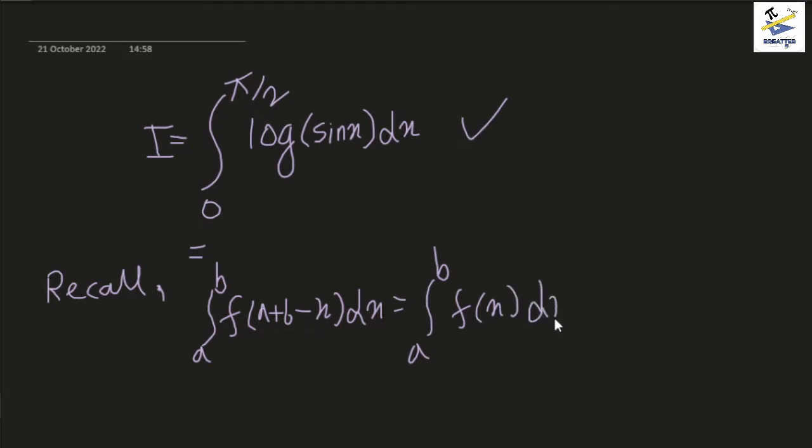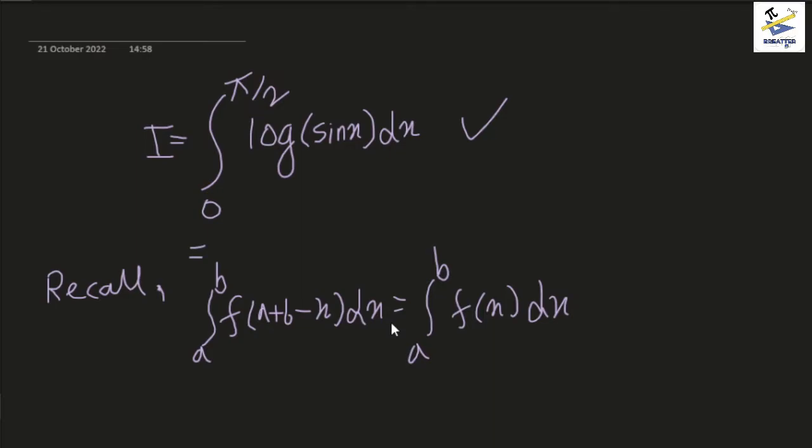This means that whenever you have a limit from a to b and a function f of x, you can use it as f of a plus b minus x dx. This property is pretty useful, but then it needs to be applied a bit in reverse for us to use it. Now how do we use it here? We see the limit here is 0 to pi by 2, and our a is 0 and our b is pi by 2.